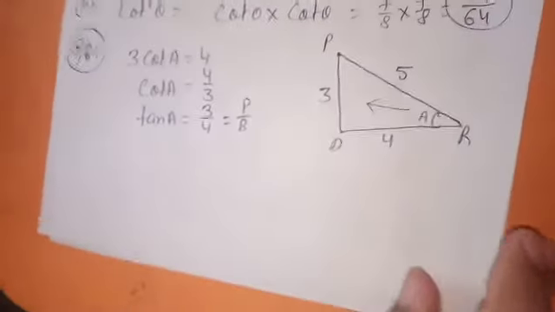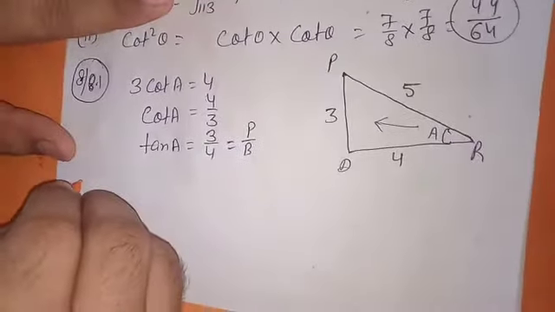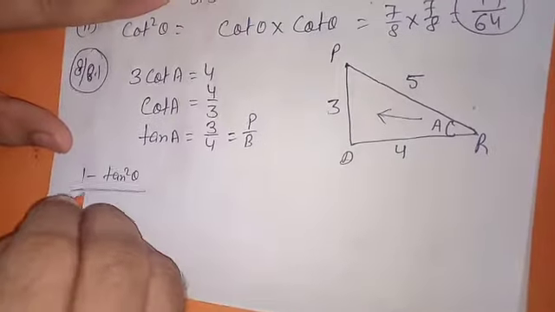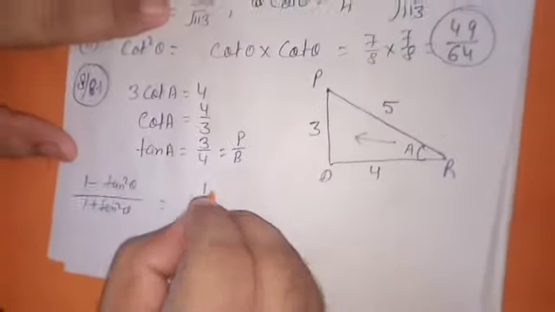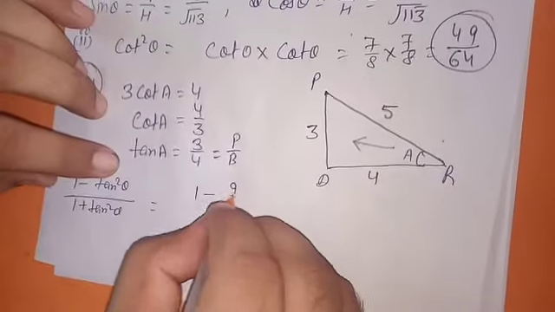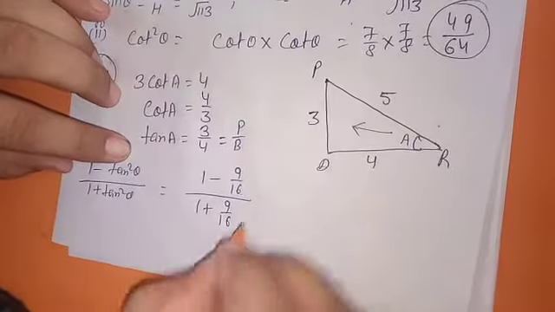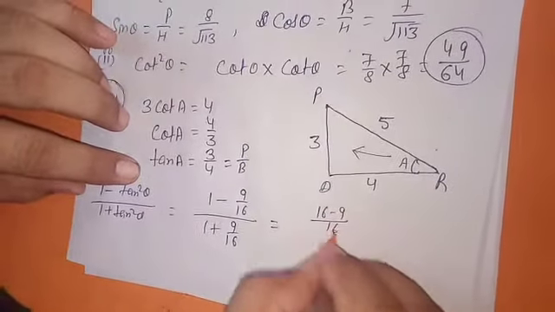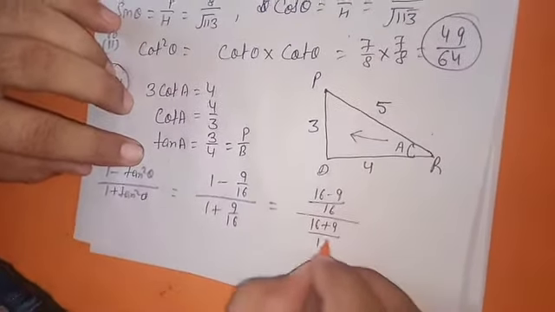Check whether this is equal to this or not. So take 1 minus tan square theta over 1 plus tan square theta. So this is 1 minus 9 by 16 over 1 plus 9 by 16, which is 16 minus 9 by 16 divided by 16 plus 9 by 16.